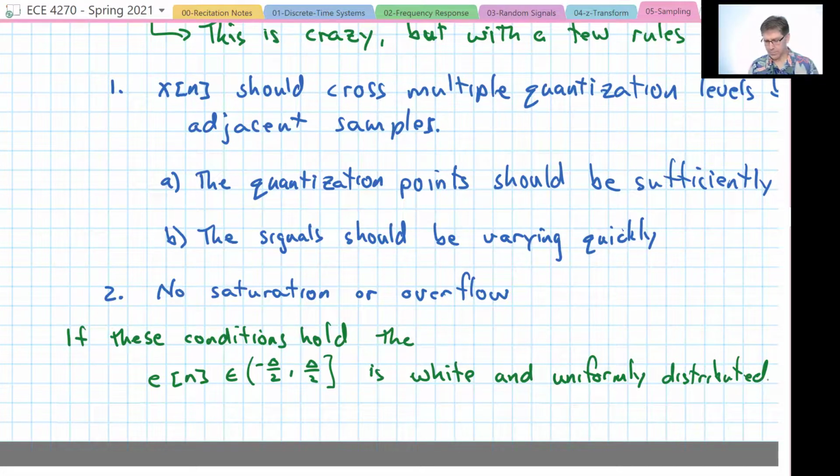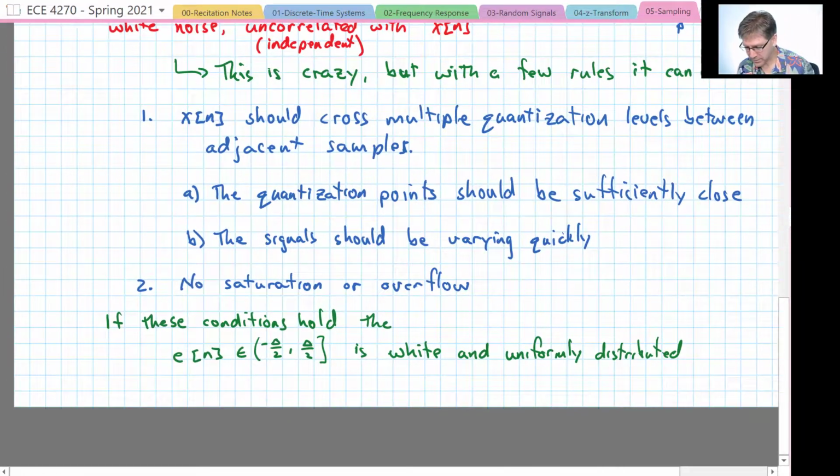Okay, now we're back into familiar statistical territory, and we can explore and characterize this noise and see how it's going to affect our signal processing operations.